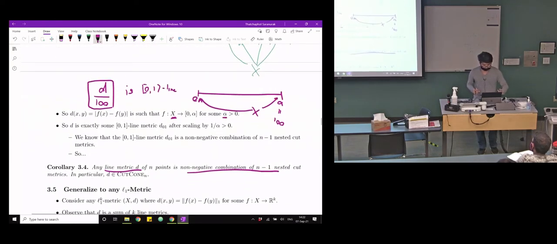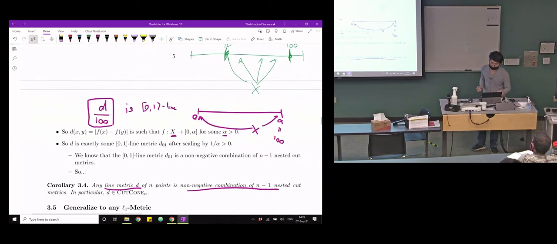Now, can someone tell me how you would generalize it to L1? Right, it's a sum of line metrics.